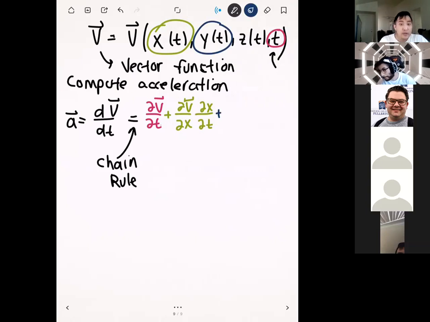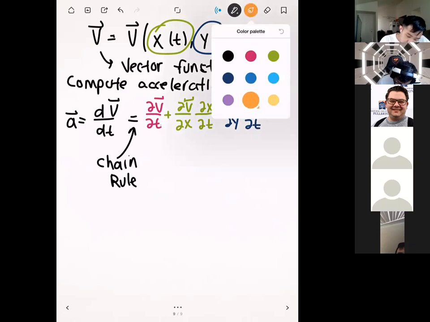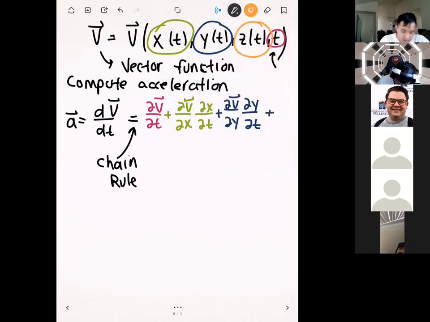And so next we have the y term. So this is going to be the derivative of velocity with respect to y, times the derivative of y with respect to time. And then finally we have the z term. And so the z term is going to be dv/dz, dz/dt.